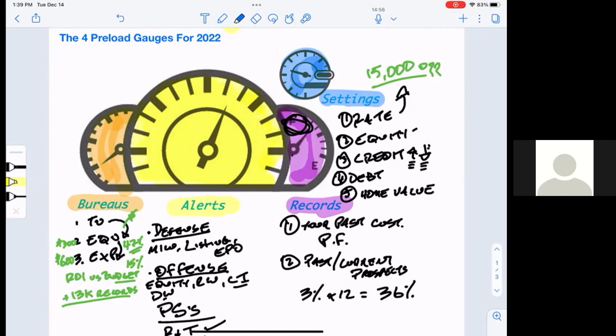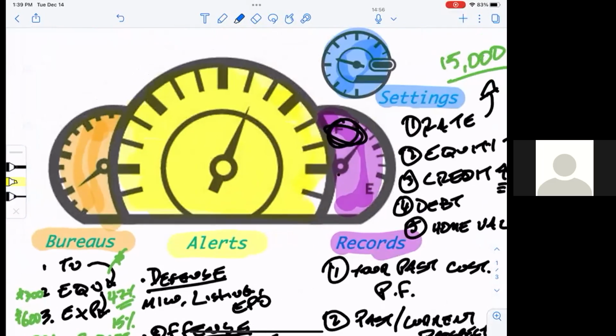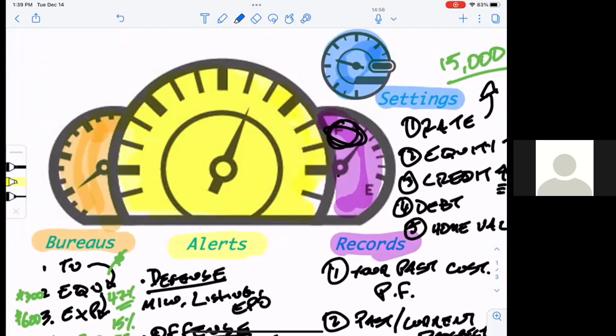So the 3 mistakes to avoid: calling off the hunt too early, to avoid losing new business now. Number 2, not adding value during the holiday season, to stay relevant when the time hits and to not lose current clients. And then lastly, not preloading January by taking a look at essentially this dashboard that we just went over.